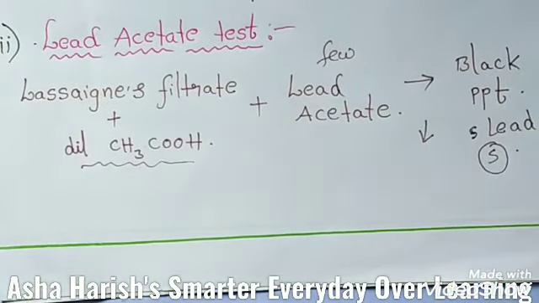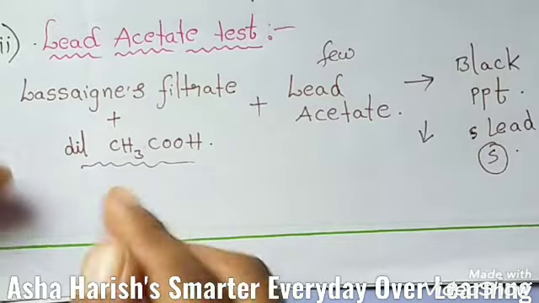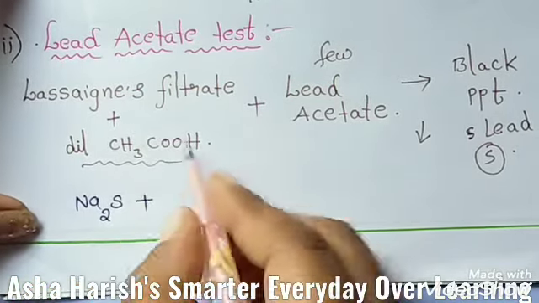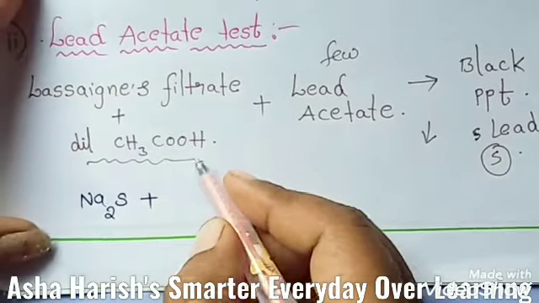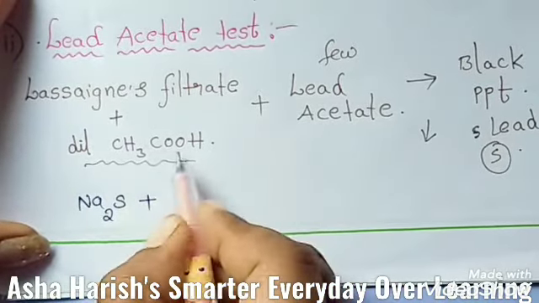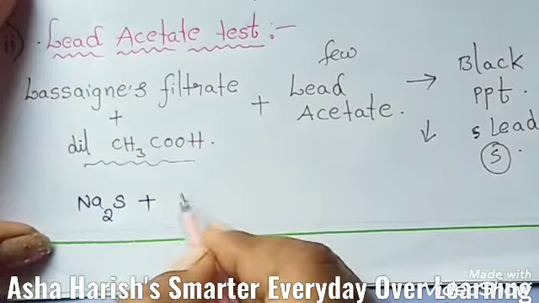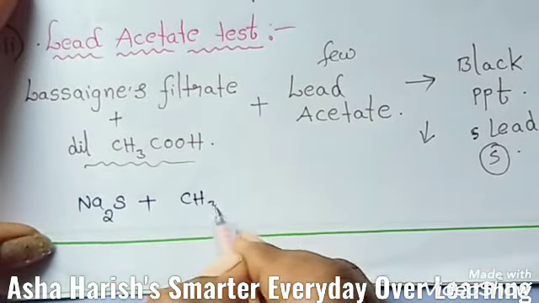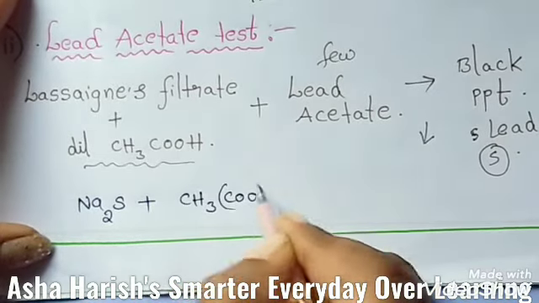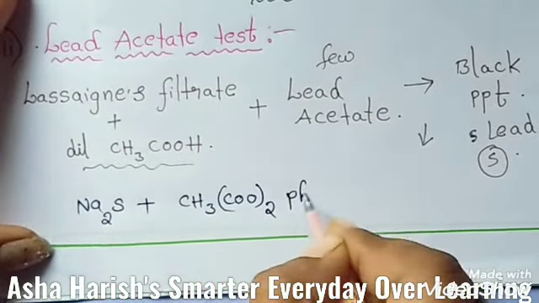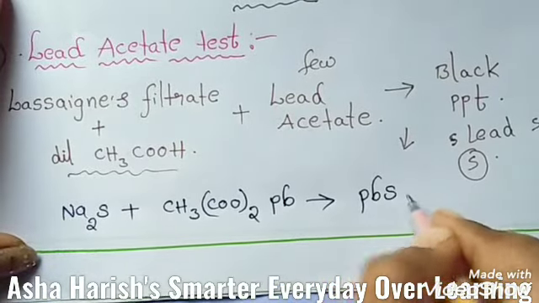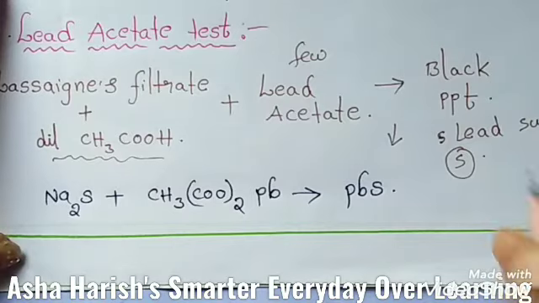The Lassaigne extract, as I told you, is Na2S. If you acidify this with CH3COOH, acetic acid, and add lead acetate, (CH3COO)2Pb, then black colored PbS, lead sulfide, will be formed.